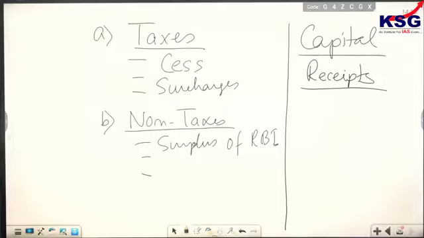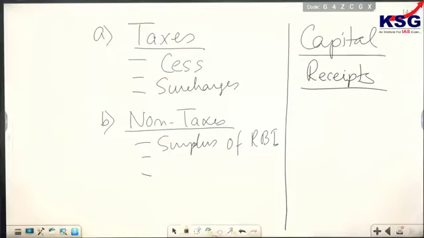Write like this: capital receipts include, first, recovery of loans from states and other parties.